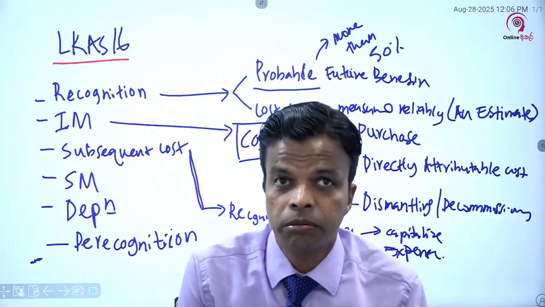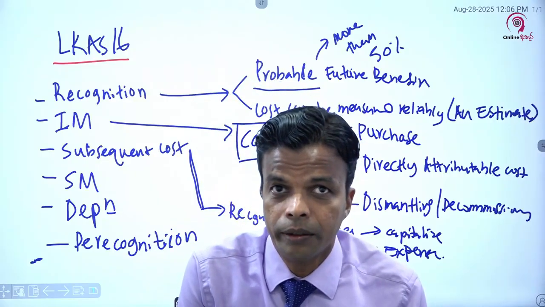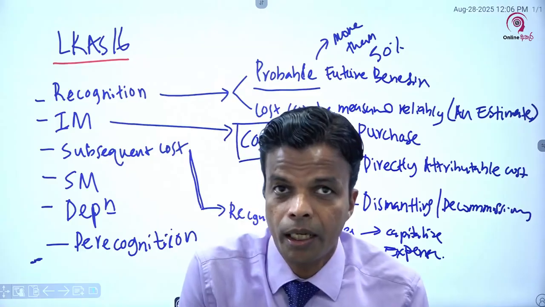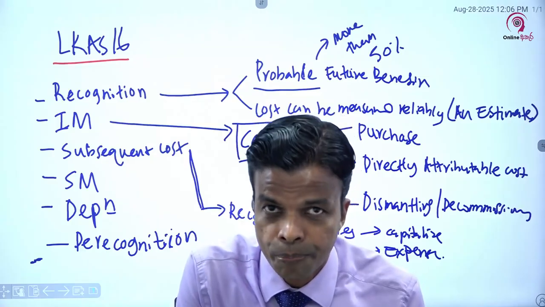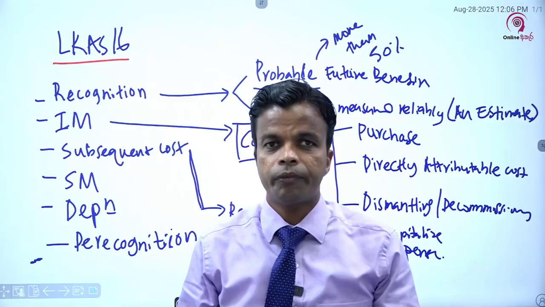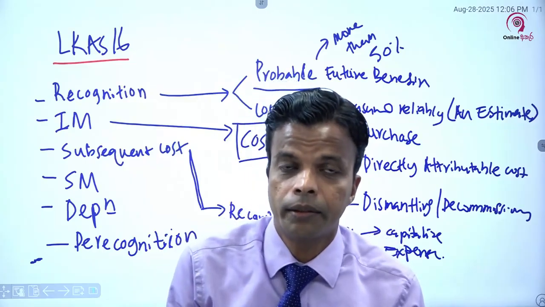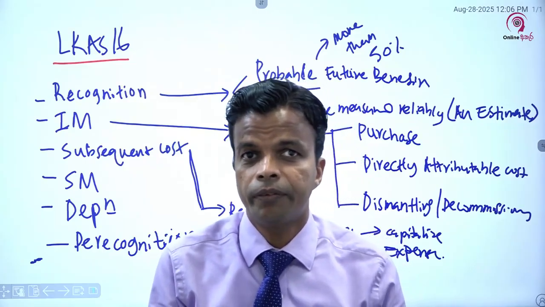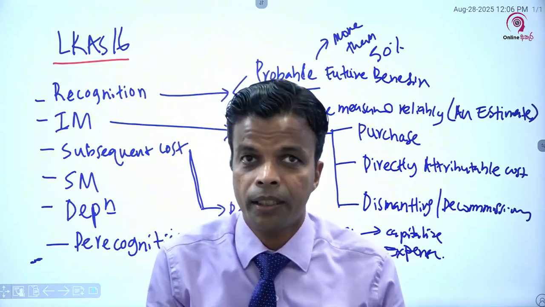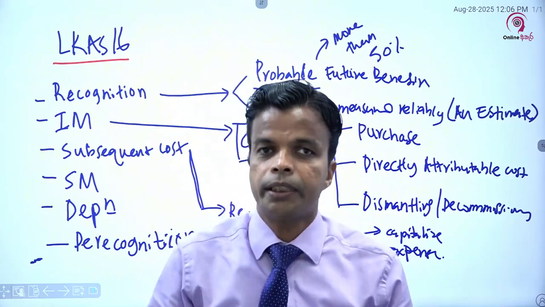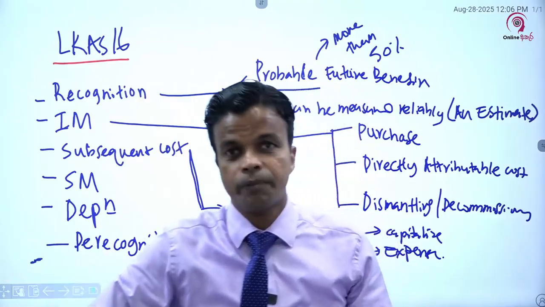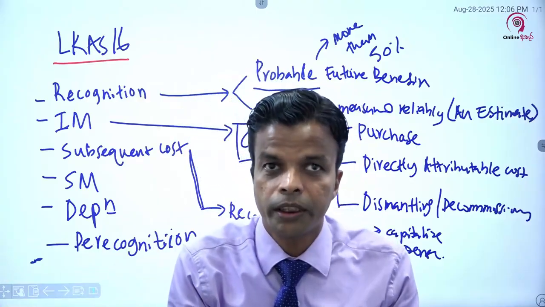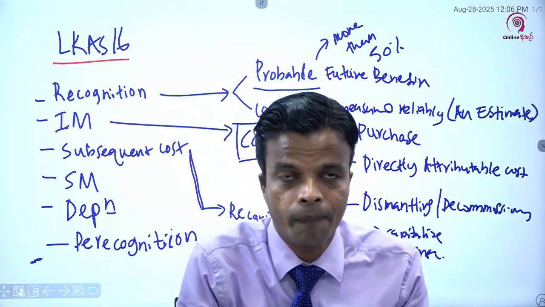But what about major repairs? Let's say I am a shipping company. I have some ships, and after 3 years, there is an industry practice at a regular interval that there must be some major repairs taking place on the ship. Let's say after 3 years, maybe after 5 years. It's a big amount that you spend, but it's like a repair.